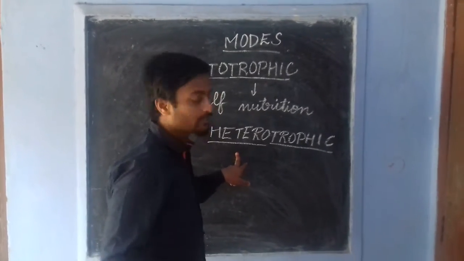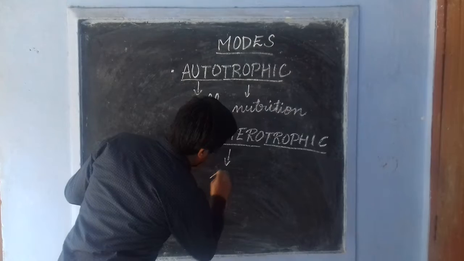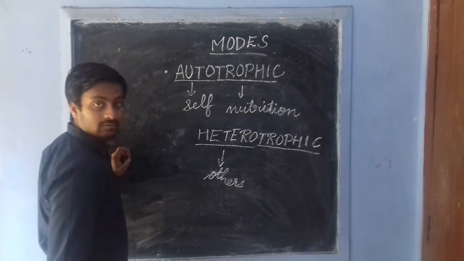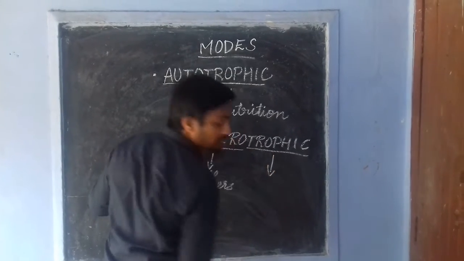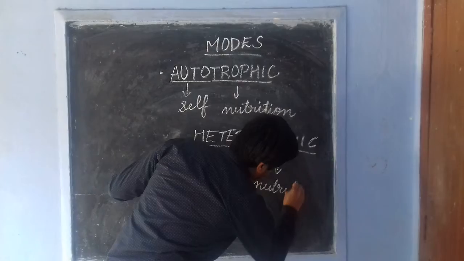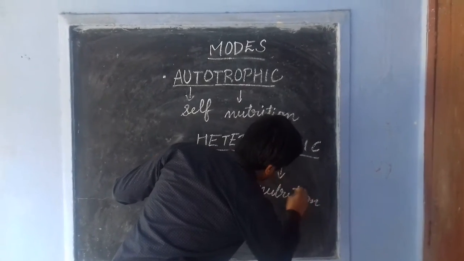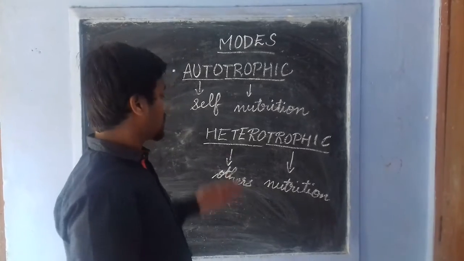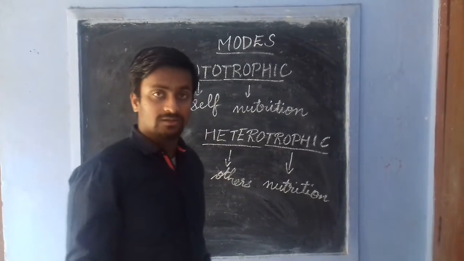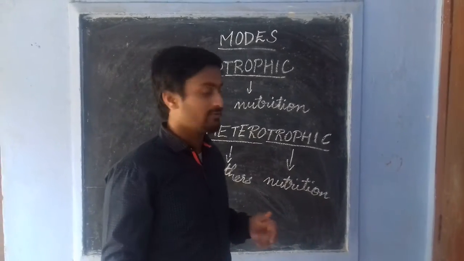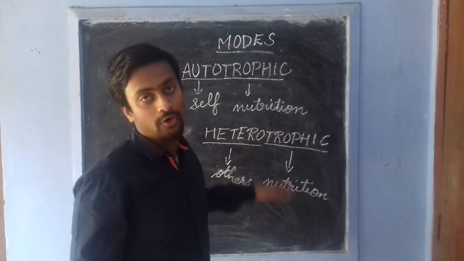The word hetero means others and trophic means nutrition. So heterotrophic nutrition means the organisms which depend on others for their food and have the heterotrophic mode of nutrition.